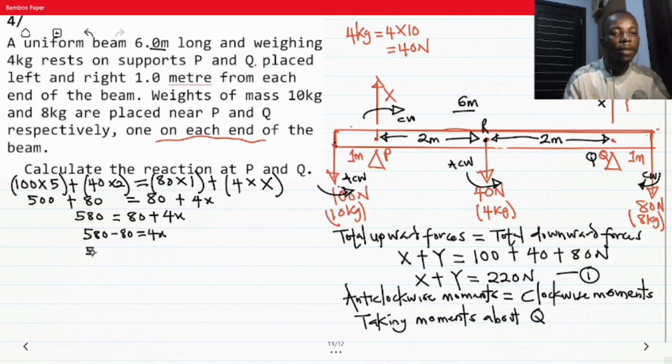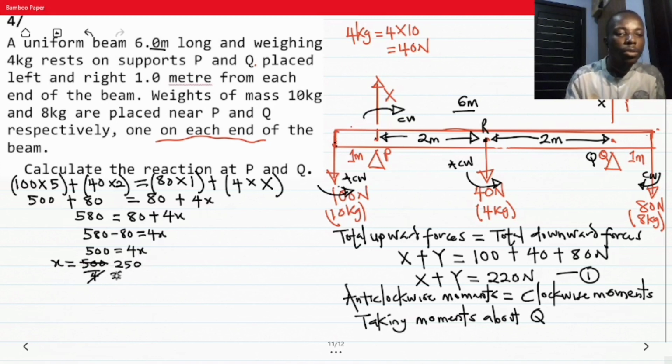I have 500 equals 4x. So I divide both sides. I have x equals 500 over 4. Let me cancel out here: 2 here will be 2, 2 here will be 250.